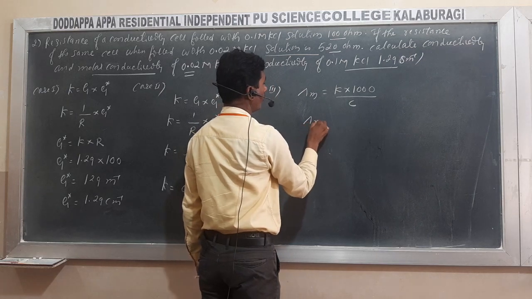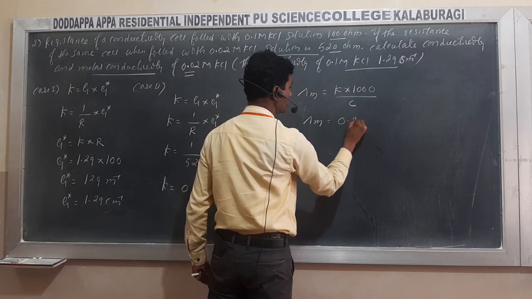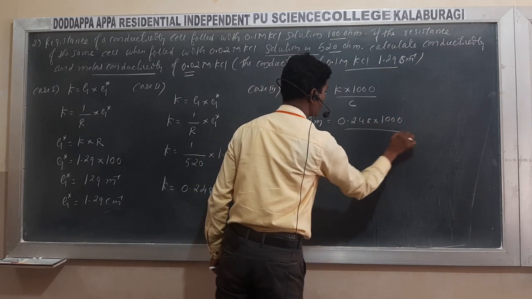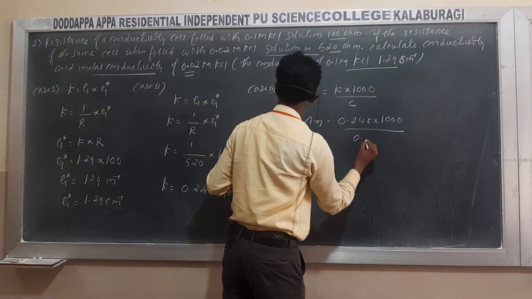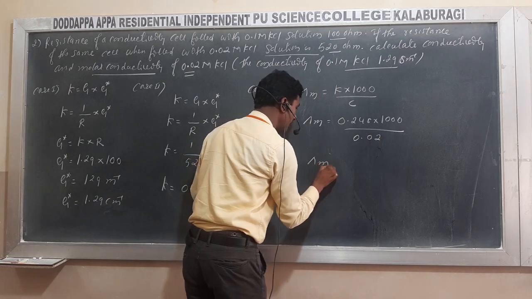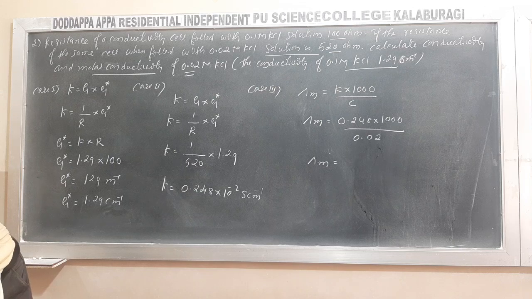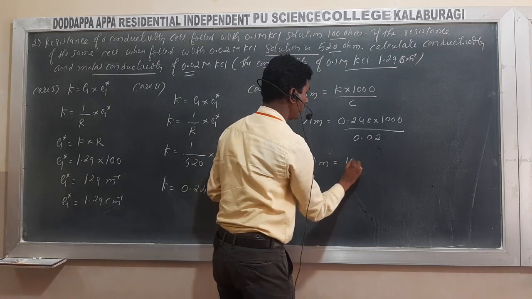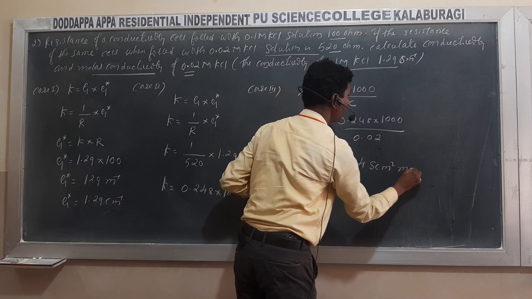So the conductivity is 0.248 into 10 to the power of minus 2, multiplied by 1000, divided by the concentration, which is 0.02. The molar conductivity is 124 Siemens centimeter square per mole.